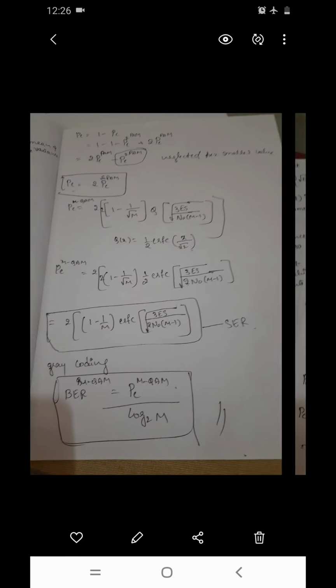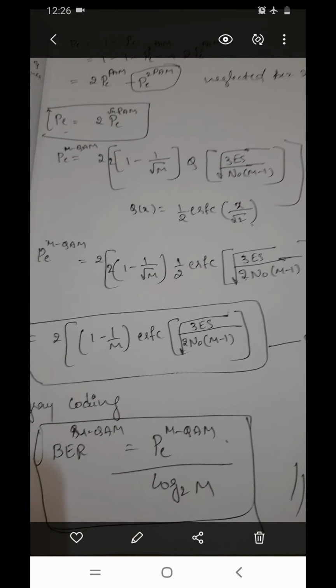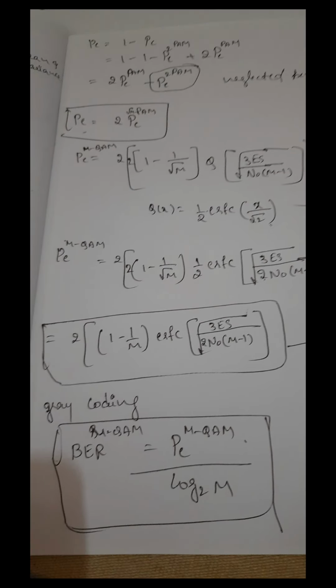If you expand that, we get 2 PE of PAM minus PE square of PAM. This PE square is neglected. So PE is equal to 2 PE of root M PAM.